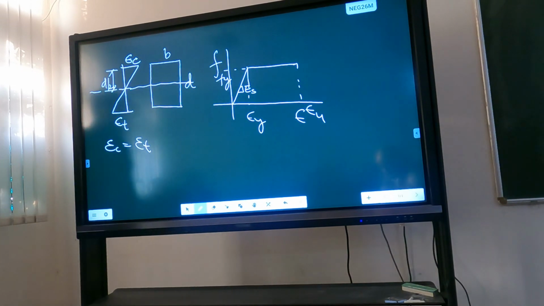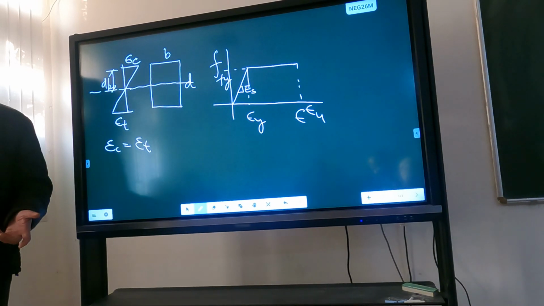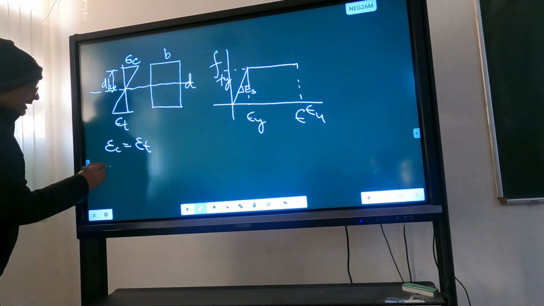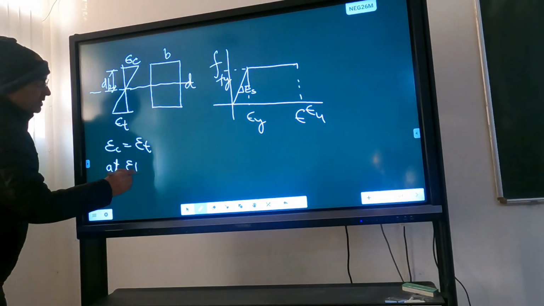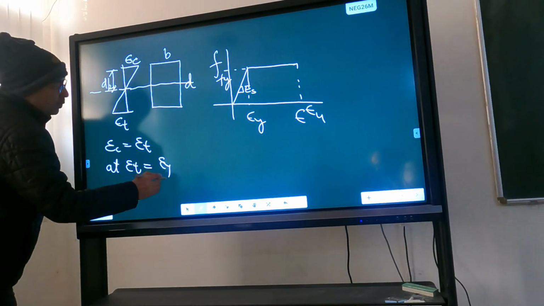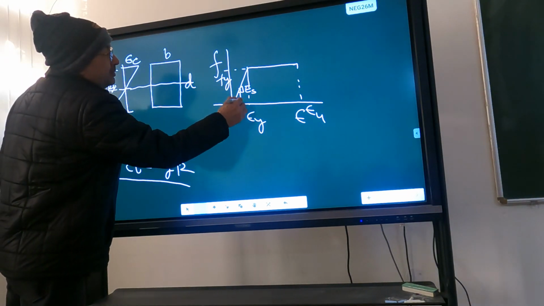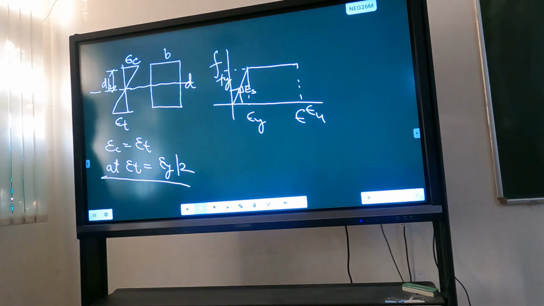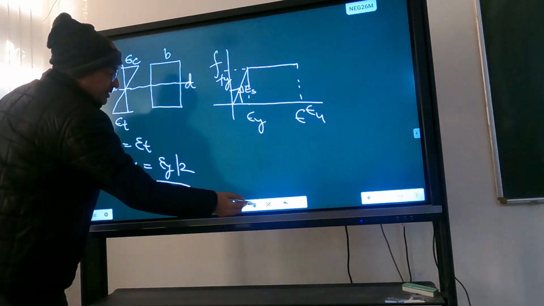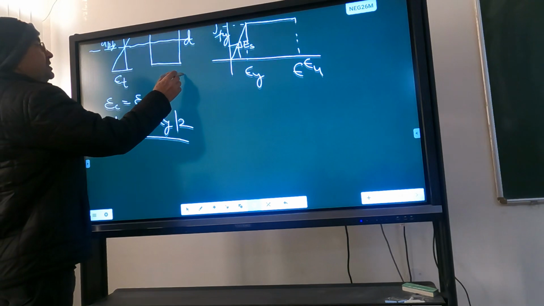Now let us take different values of epsilon c and epsilon t and calculate M and phi. So let us first assume epsilon t is equal to epsilon y by 2. That means I am considering my strain somewhere here. So under this condition, what will be the stress diagram?